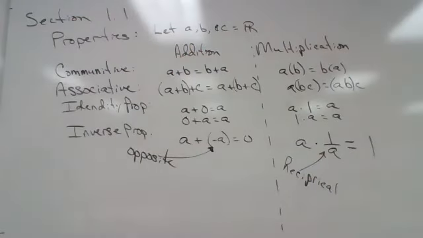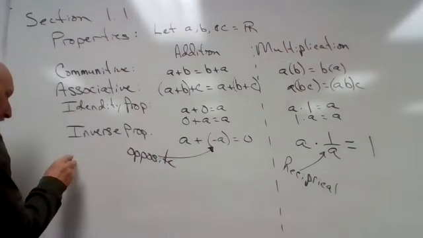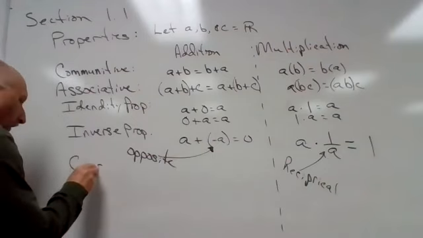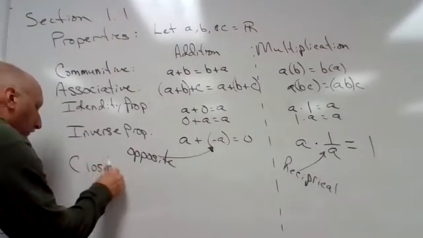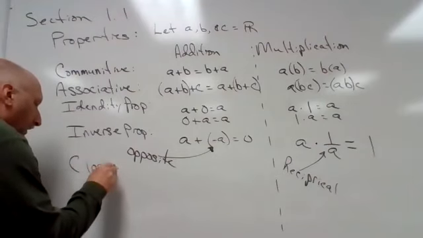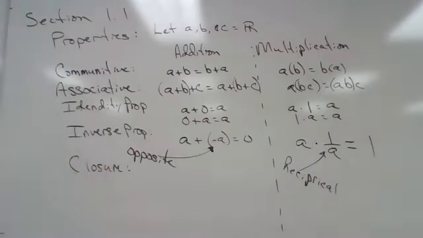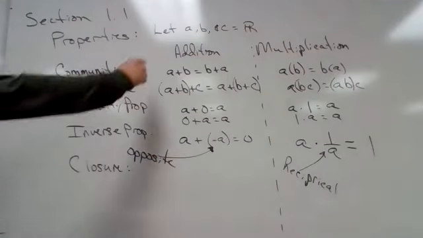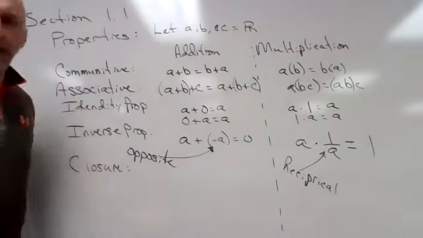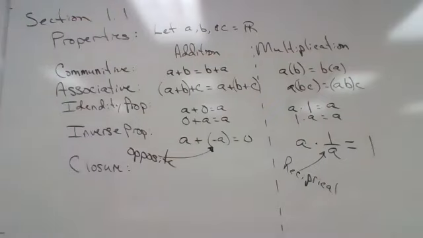All right. The last thing I want to talk about is something called closure. Kind of running out of space here. Closure is simply this: if I'm starting with real numbers, my answer is going to be a real number, okay?